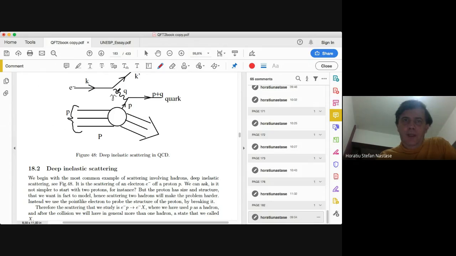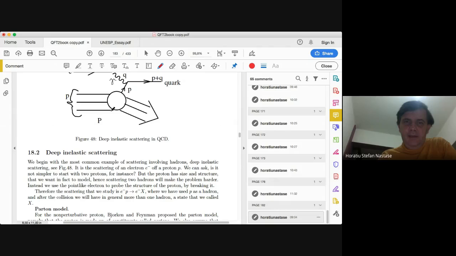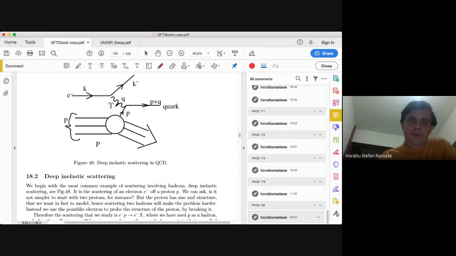So the electron will interact with the proton, and in particular, it will interact with some part of the proton that we'll describe before, but that part obviously has to be a quark, right?